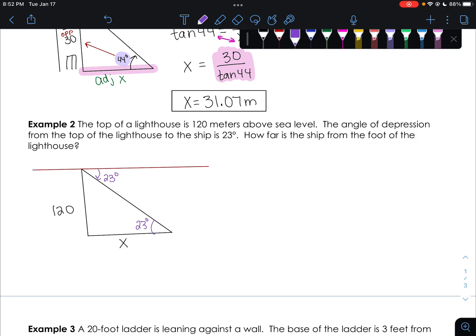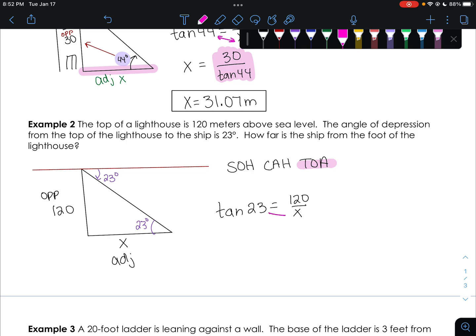I see that I have the opposite side and the adjacent side. If I think about SOHCAHTOA, I am going to use tangent. So that would be tan of 23 is equal to 120 over x.